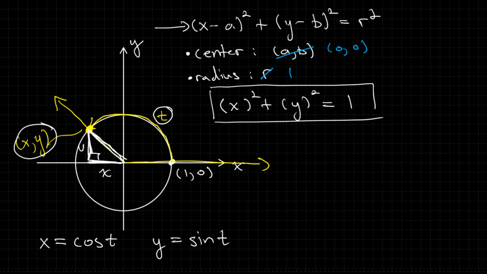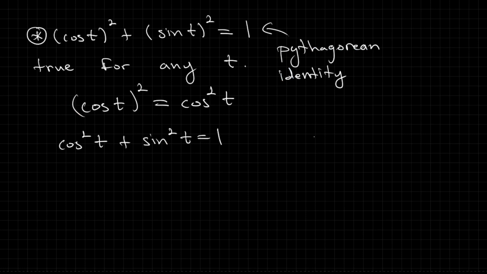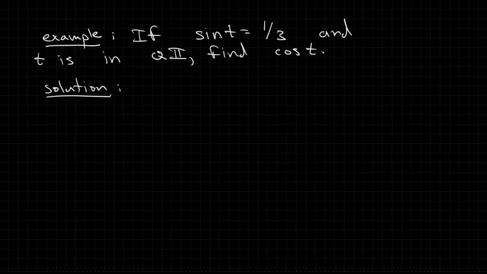The other side length would be y, and the hypotenuse would be 1. And from this, if we apply the Pythagorean theorem, we get that x^2 + y^2 = 1. So that's why it's called the Pythagorean identity. We can use the Pythagorean identity to evaluate trigonometric functions when we only know one trigonometric function. Let's see how that's done.